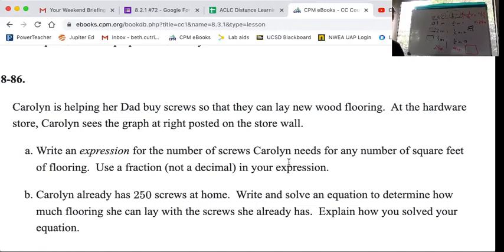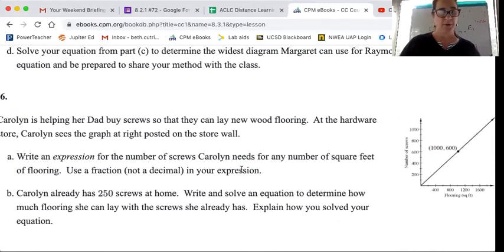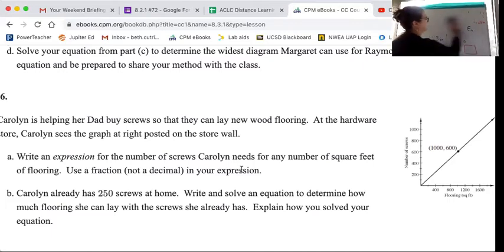So we have to look and see if we can figure out what the pattern is. Let me erase this. Or maybe I'll just do it on here. If we want the expression for number of screws for square feet. So we have 600, I will do it on here. It shows up better, the black or the red, I can't decide.